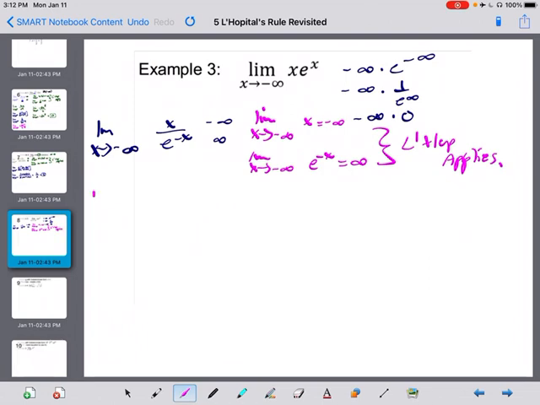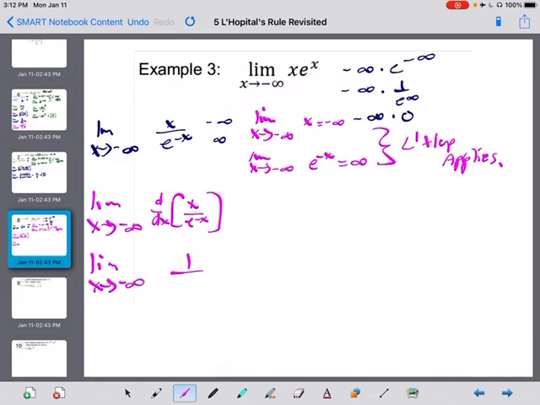All right, so the limit as x approaches negative infinity of x over e to the negative x, okay, is going to equal 1 divided by negative 1 over e to the negative x power, and then I will do the limit as x approaches negative infinity.